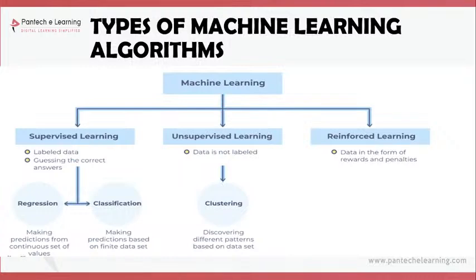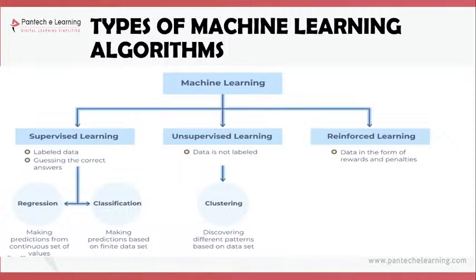After checking, it will fetch the data and show it on the display. This is classification work. And clustering means grouping different types of data depending upon patterns. That is all about the types of machine learning.